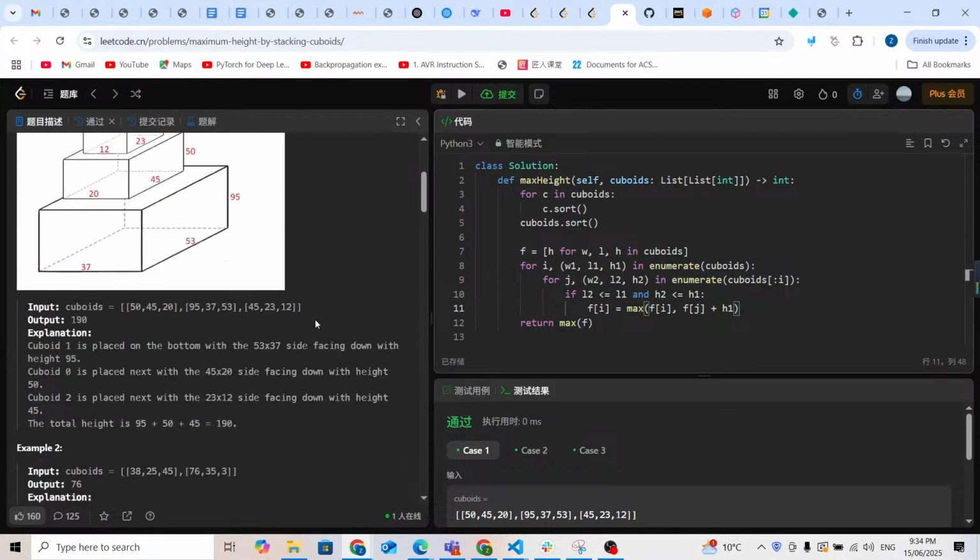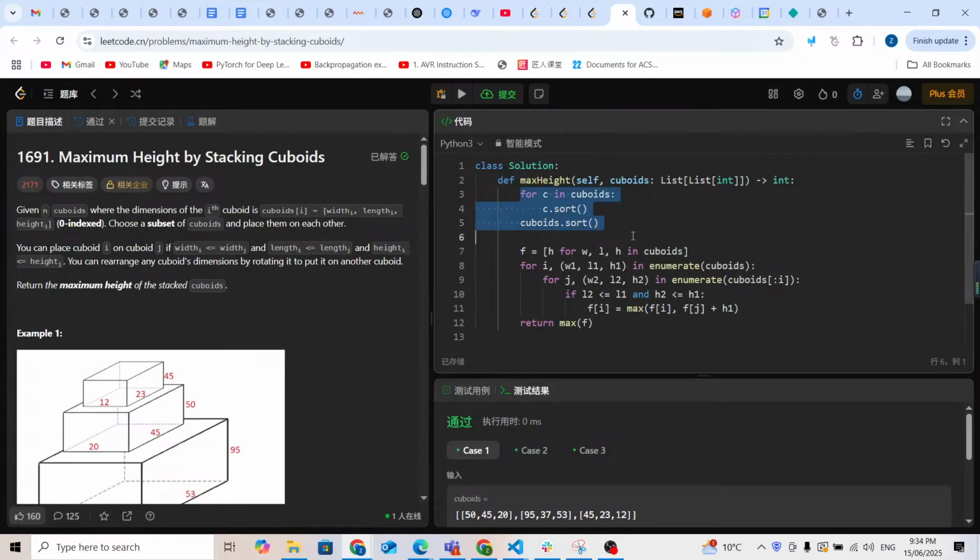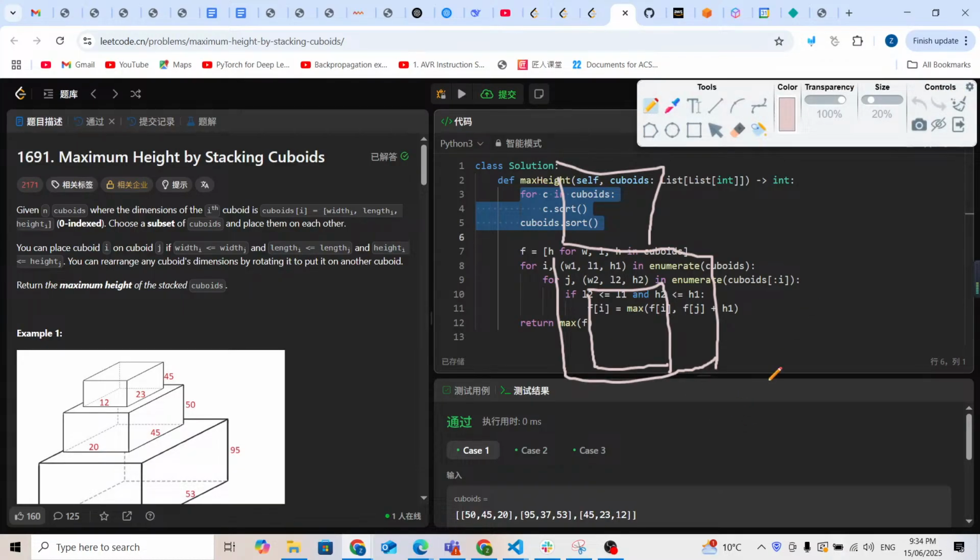I think the only difficult part is how can we think of this kind of greedy idea? Actually, we can prove it. Let's look at an edge case. Let's take three numbers, 2, 3, and 5, sorted, and another cuboid sorted as 2, 2, and 4.